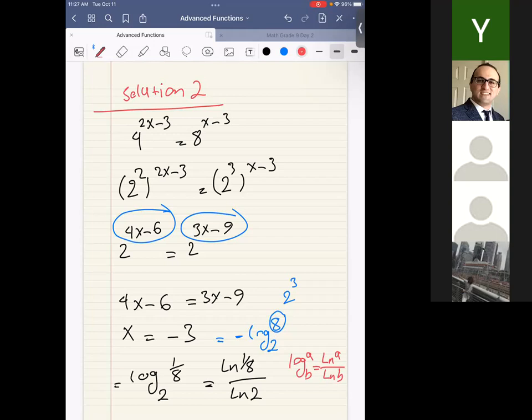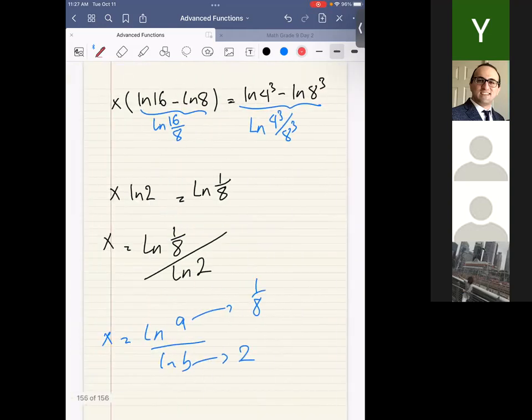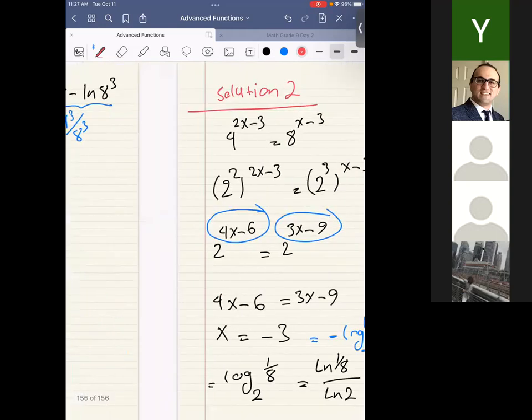So log of 1 over 8 with base 2 is just ln of 1 over 8 over ln of 2. And that's it, because it's the same answer.